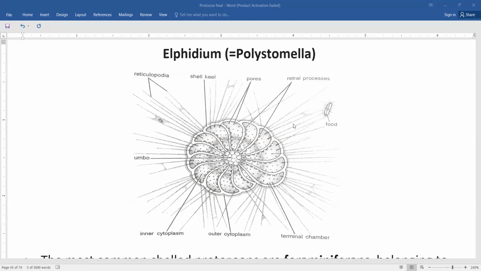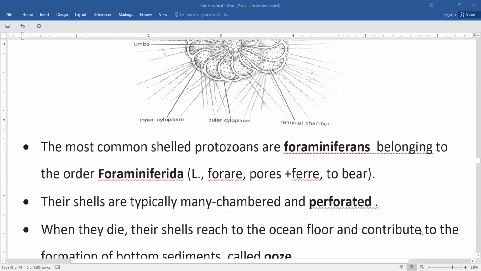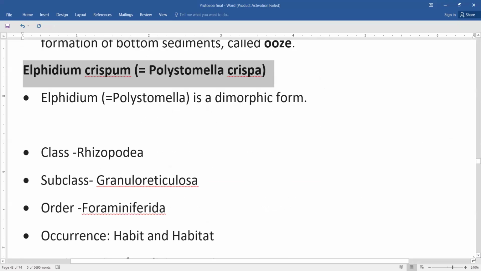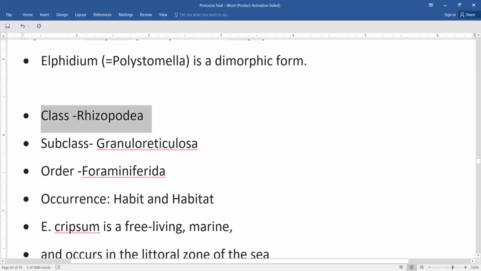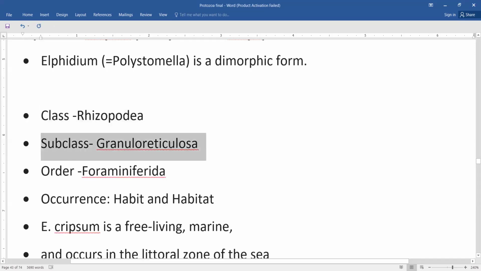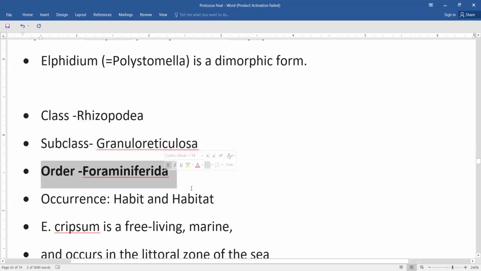Okay, so this is the diagram. And then let's see the points. If you observe the classification, we all know it belongs to Protozoa. Subphylum is Sarcomastigophora, superclass is Sarcodina, class is Rhizopodea, and subclass is Granuloreticulosa. Order is important, that is Foraminiferida or Foraminifera, you can also call it.